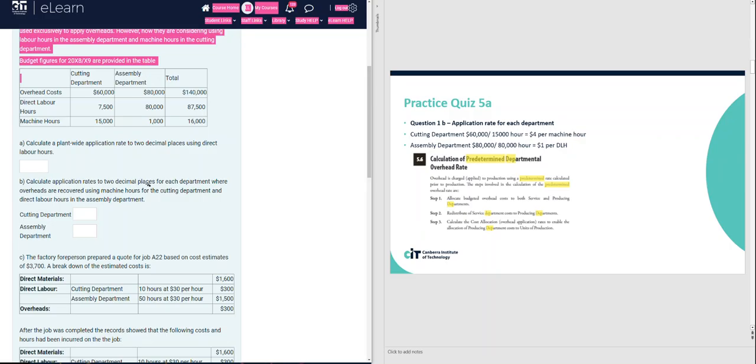Your driver for the cutting department is machine hours. So what you need to do is look at your overhead cost for the cutting department and divide it by the machine hours, and that is $4 per machine hour.